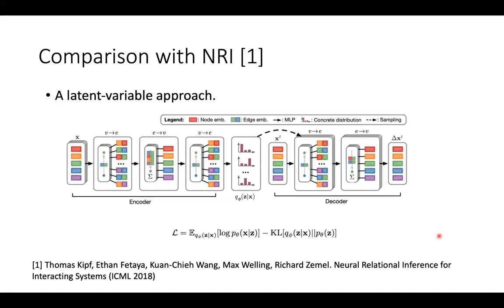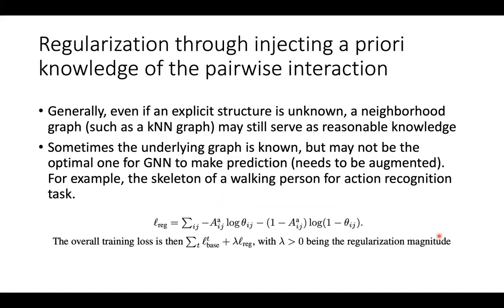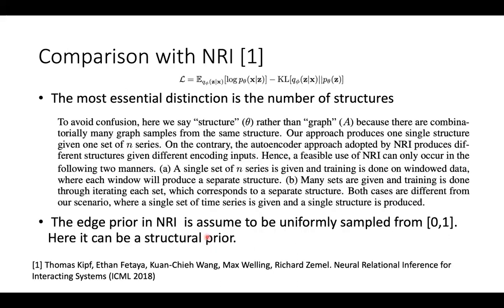But here, if you look at the prior knowledge that it imposed through the loss function, it can be any kind of prior, because this Aij can be any value. So it can have some structural information here. So those are the two major differences it claims from the original NRI paper.